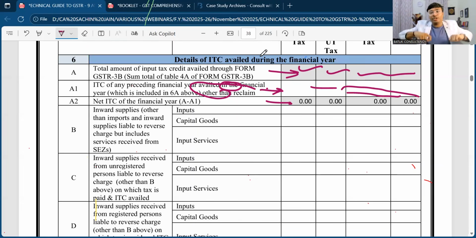So, for example, for financial year 2024-25, it's 30th November 2025. But 30th November is not a due date for filing any return. So while filing the October month return, you can treat it as your last date. If you file your October month return till 30th November, you will be eligible. And if you file your October month return on 1st of December, tata bye bye. No adjustment will be possible.